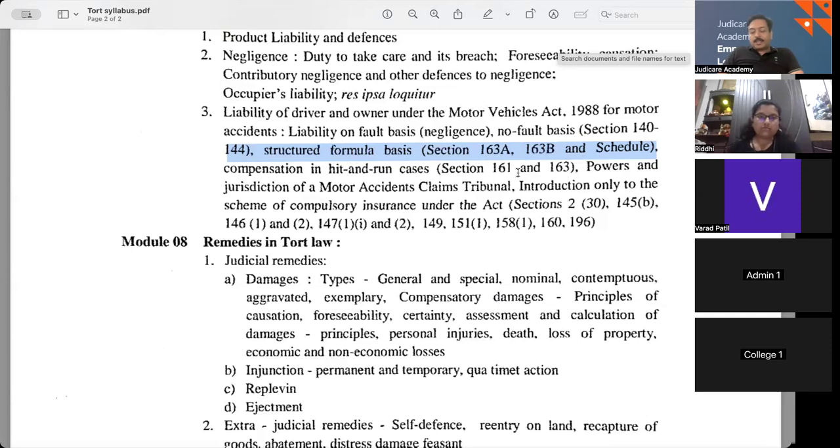So anything contained in this Act or in any other law for the time being in force or instrument having the force of law. An instrument having force of law is any kind of procedure, any kind of rules around any act. Anything having the force of law, the owner of the motor vehicle or the authorized insurer.